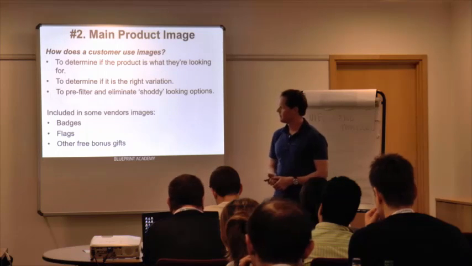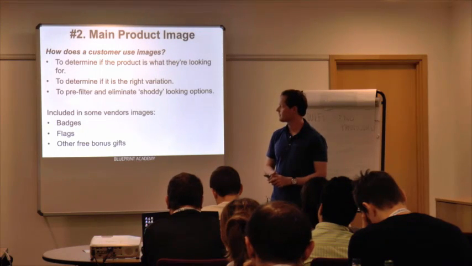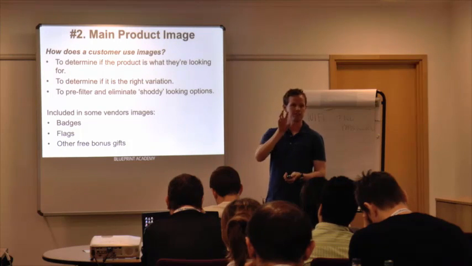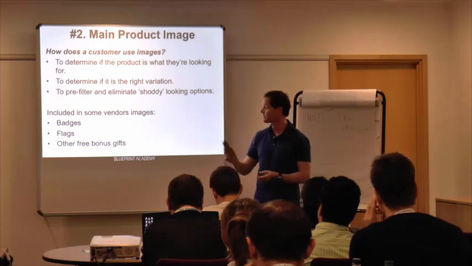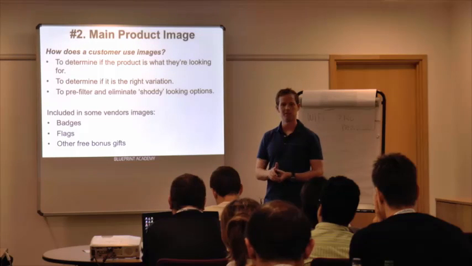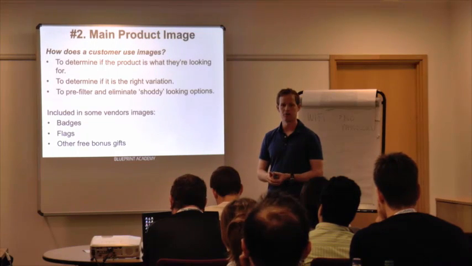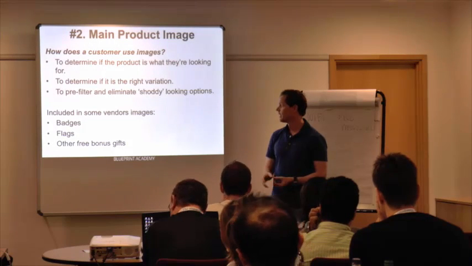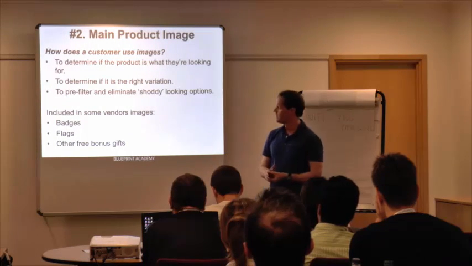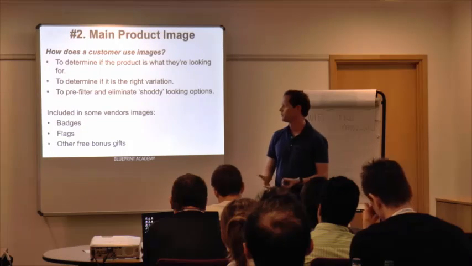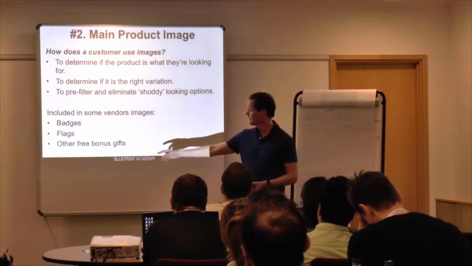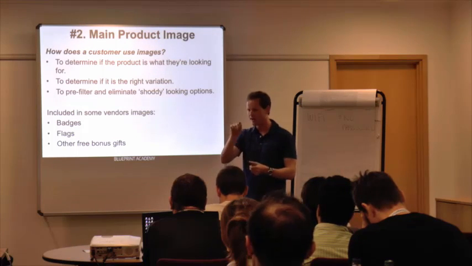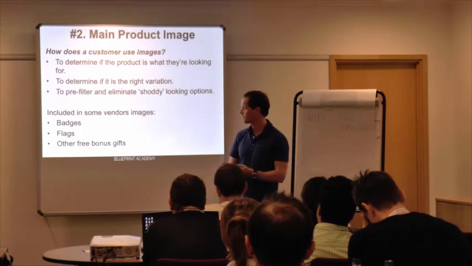Some vendors try different things on the images, like badges, a premium quality badge slapped on the image, or flags. I know Greg had a Made in USA flag on his product, and that's a good use, I think, of these little images that you can put on top of your image, and we'll give you examples of these. Others have a picture of their dog collar or whatever, and then they'll have some tiny little thing there that says other free bonus gifts.